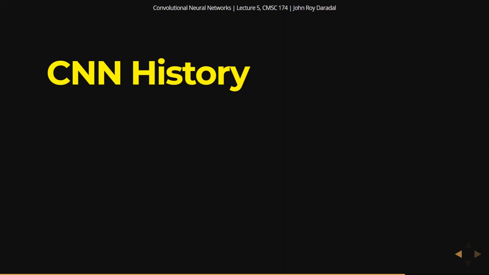Okay, so now that we know about convolutional neural networks, let's take a look at its history and look at some of the architectures that had some major contributions to the development of CNNs. First off, we have the Neocognitron in 1979.